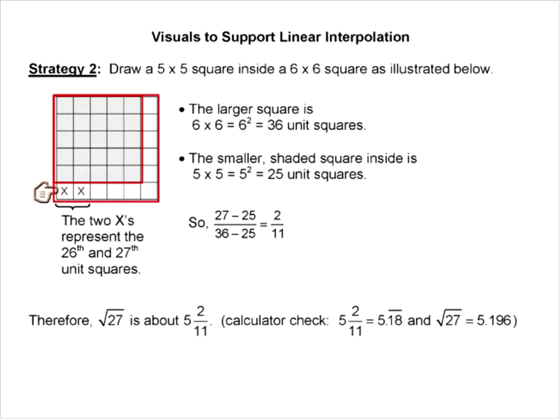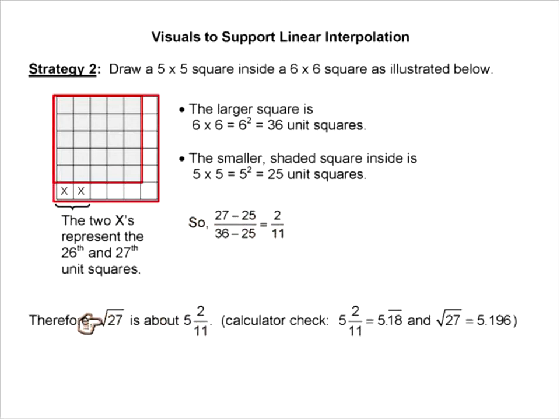Now if you look at the white squares that are left over between the two overlapping squares, there are 1, 2, 3, 4, 5, 6, 7, 8, 9, 10, 11 leftover squares. So that's where that 11 comes from. And for the 27, you're just claiming 2 extra squares here. So that's why we came up with 2/11.